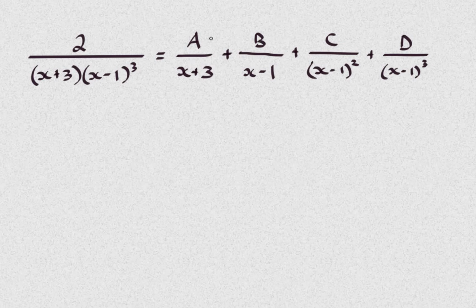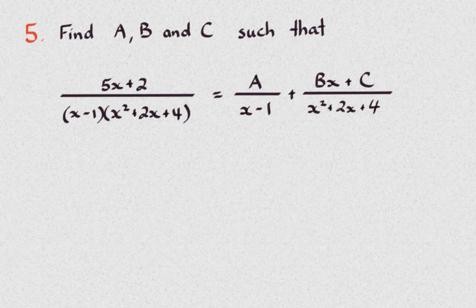Okay, the next one is an example that's a little bit different again to what we've seen. Why is it different? Well, in this case, we have to find a, b, and c such that this original fraction, which contains a quadratic factor in the denominator, can be expressed like this.